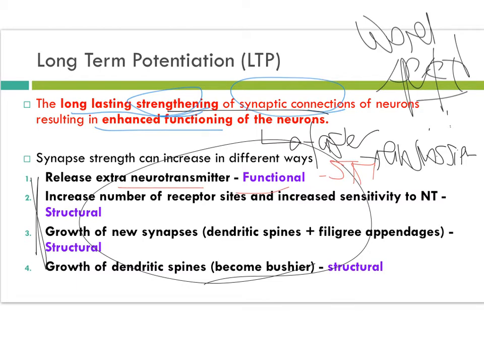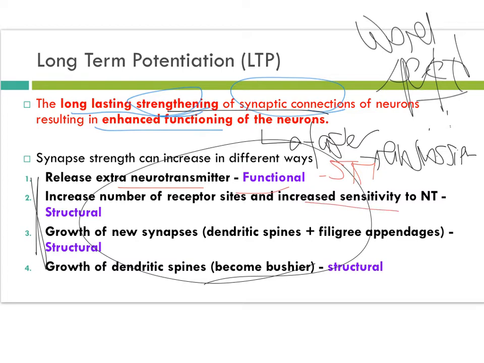Now, we know that that specific neurotransmitter is glutamate. So when you start to practice something lots and lots and lots, we have an increased level of glutamate. The other functional change you can talk about, but this is probably harder to remember, is that we have an increased sensitivity of the receptor sites on the postsynaptic neuron, which I think I've put somewhere down here.